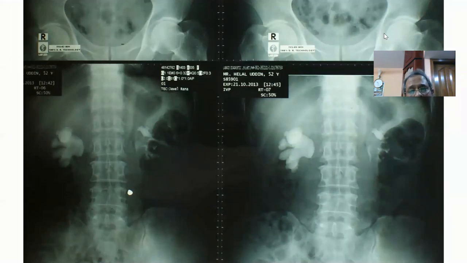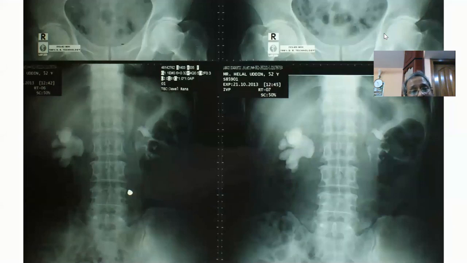That non-visualization may be because the kidney is congenitally absent, or an operation was done previously for some other disease, or the patient's kidney has become non-functioning. For those reasons, by looking at the IVU in the early film, or in the late film, never give the comment that the kidney is non-functioning.